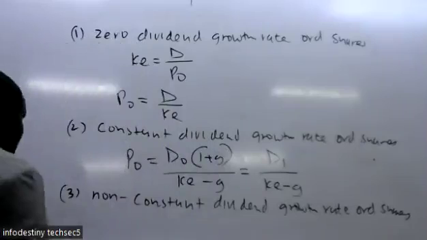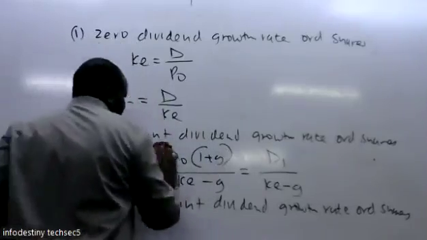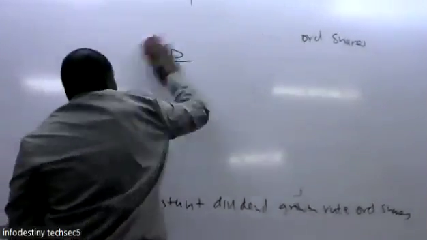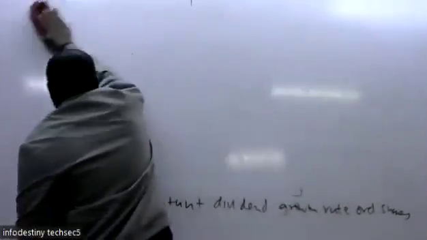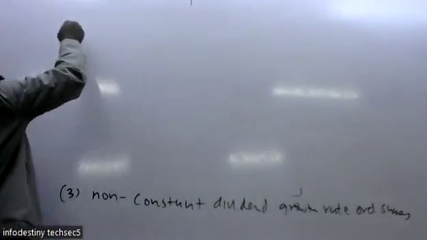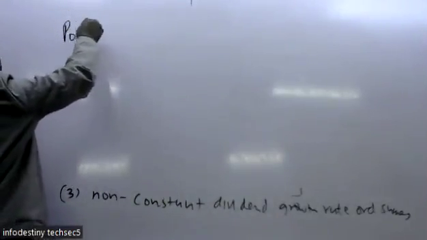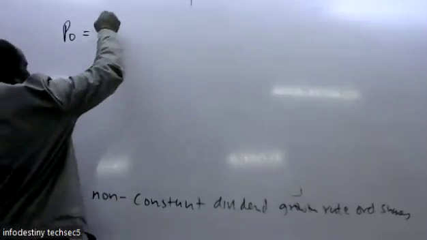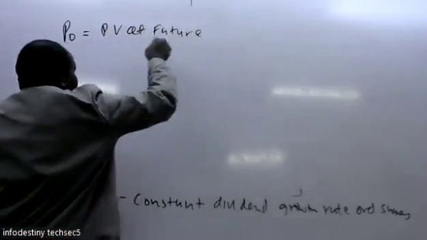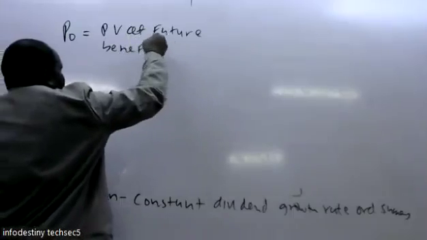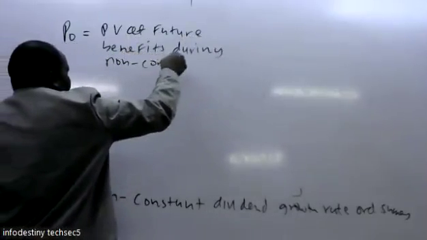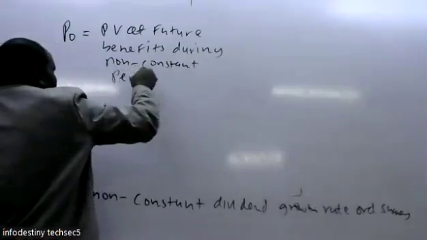So now to get the value of the share, which is the same as PO, it will be the present value of the future benefits during the non-constant period.